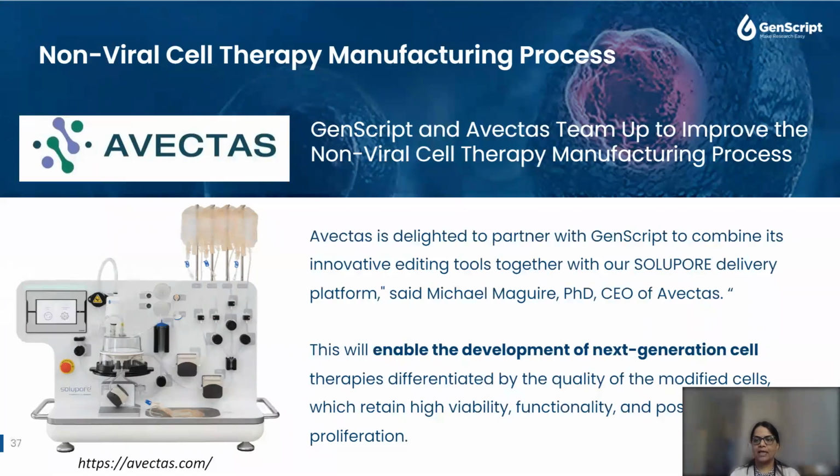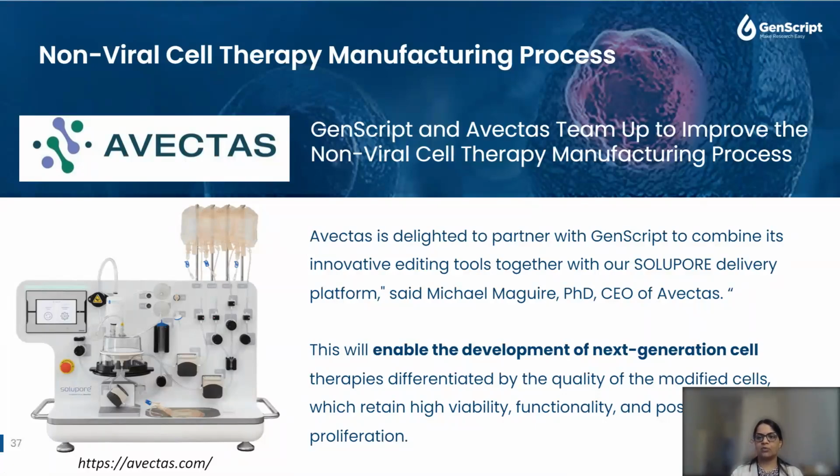So not only are we providing CRISPR gene editing tools or CRISPR service and reagent to different companies, but we also made a collaboration with Evicta, which has the Solupor platform, an automated non-viral delivery system designed to facilitate the clinical manufacturing of advanced cell therapy within a controlled environment.